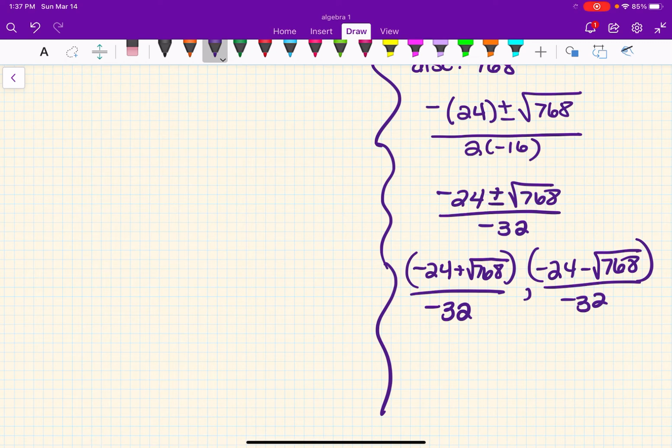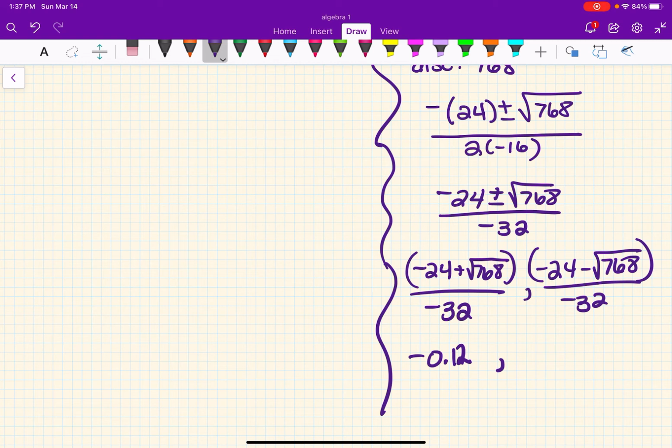So get your calculator out and let's see what we find. Negative 24 plus the square root of 768, divided by negative 32. We get negative 0.11.